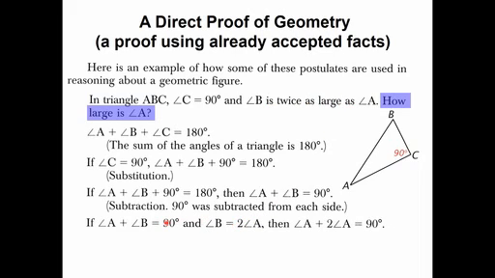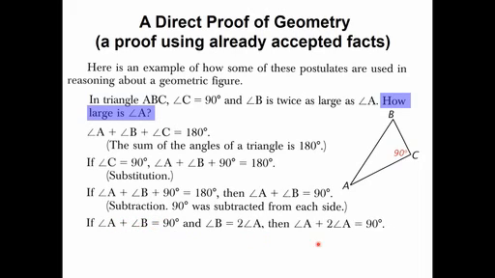So we've taken the previous step and a given, already accepted as true, and we're going from that to this. So again, how do you get from A plus B is 90 to A plus 2 angle A is 90? Draw that mental line and look at the left side.